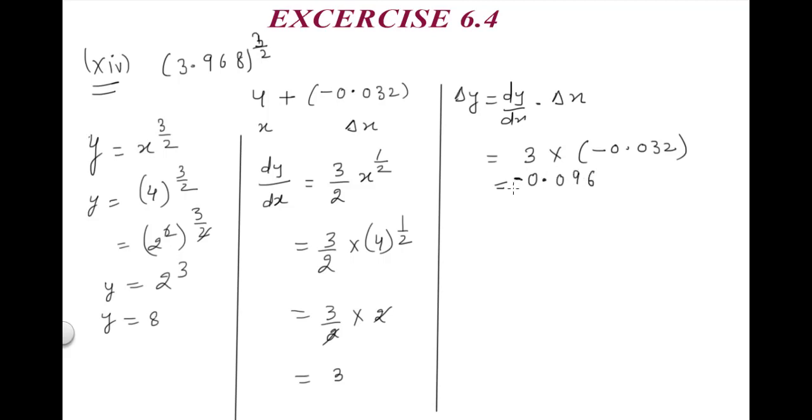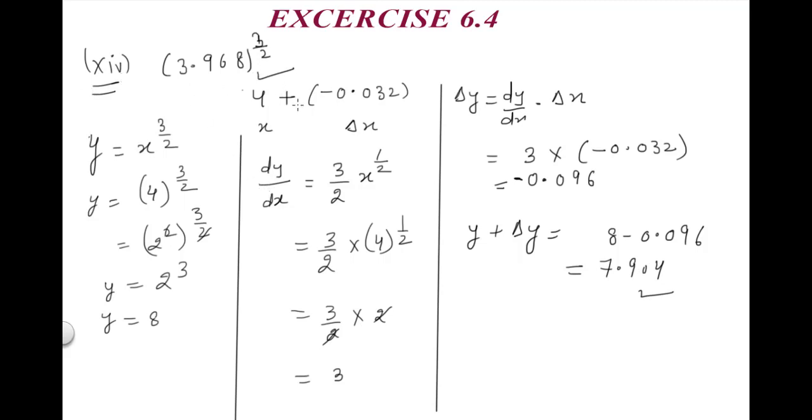Now we have found delta y and we have y also. So y plus delta y will be 8 minus 0.096. Solving it, we get 7.904. So this is the approximate value of the number given in the 14th part of the first question.